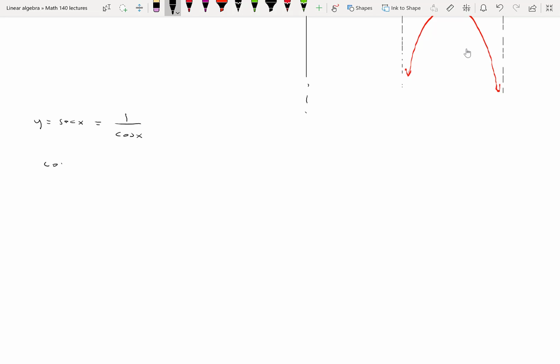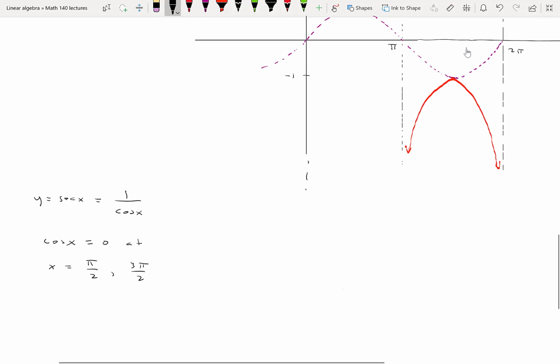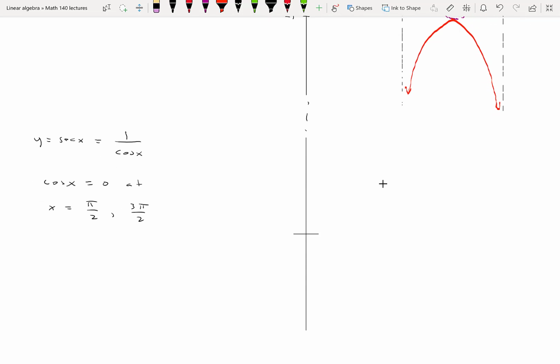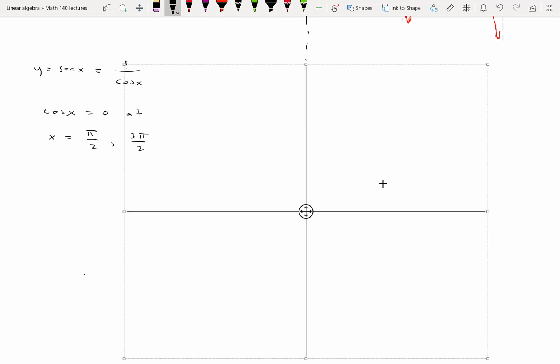And the cosine equals 0 at x equals pi over 2 and 3 pi over 2 within one period of its graph. Okay, so let's get the graph of the secant function. Let's see if I get a big enough graph here.